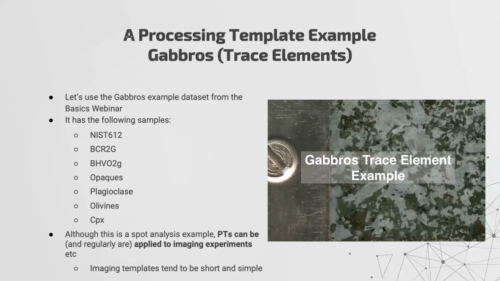It's just that imaging templates tend to be quite short. You just do possibly the first two-thirds of what we're going to do today: you create your selections, or input your data, create your selections, run a DRS, check your results, and then look at the images.